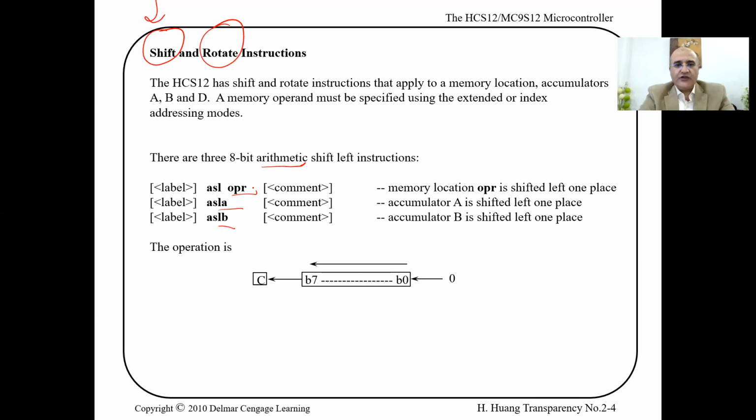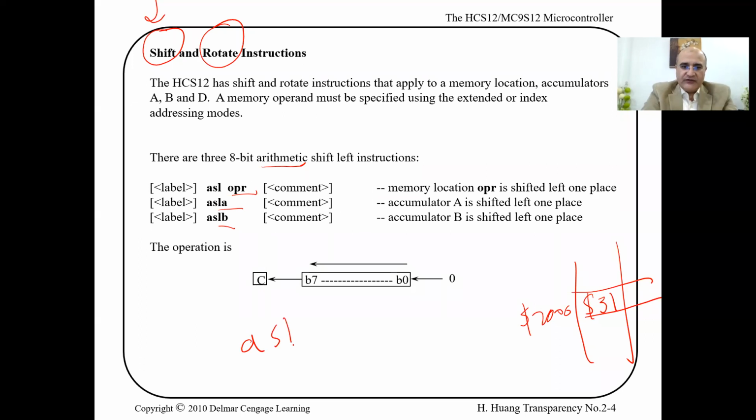How do we shift? Let's do memory location 2000. We have memory location 2000. Here we have, for example, 31. And we do arithmetic shift left, memory location 2000.